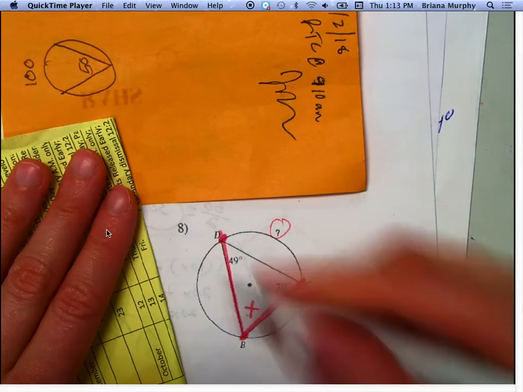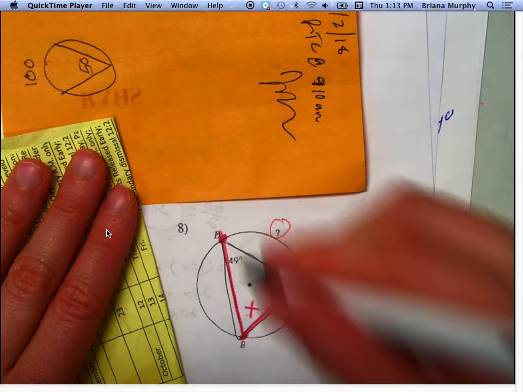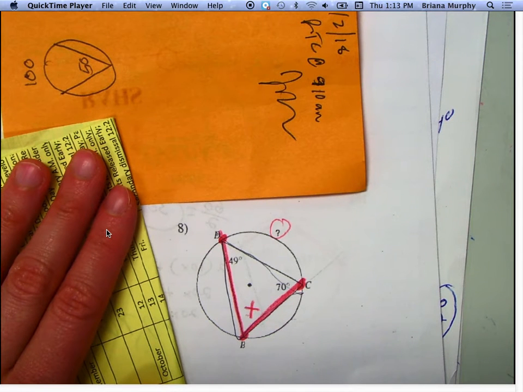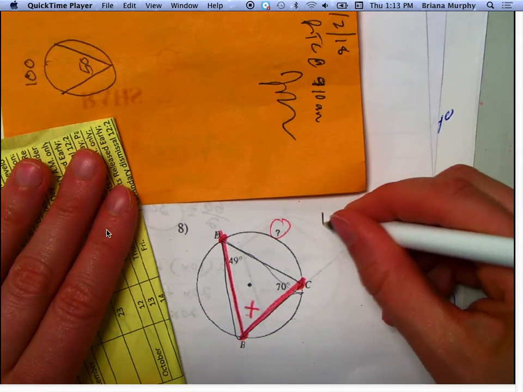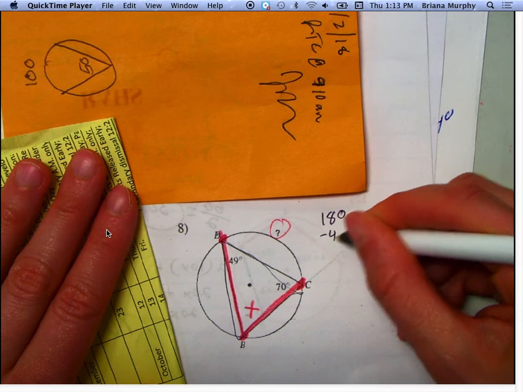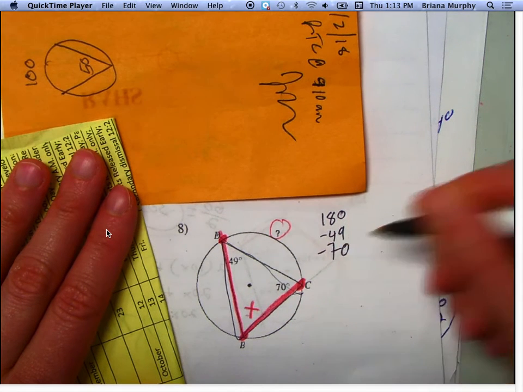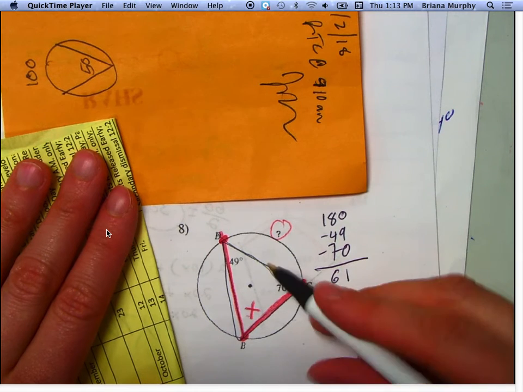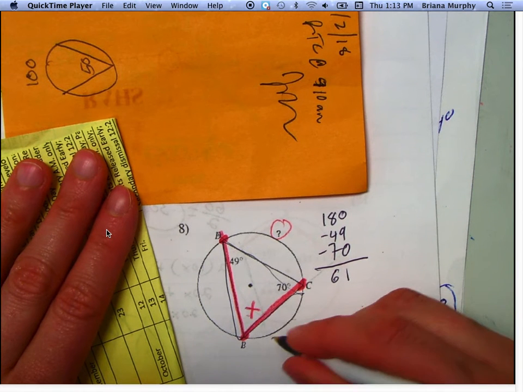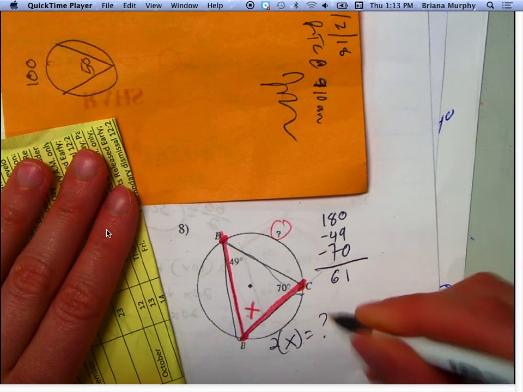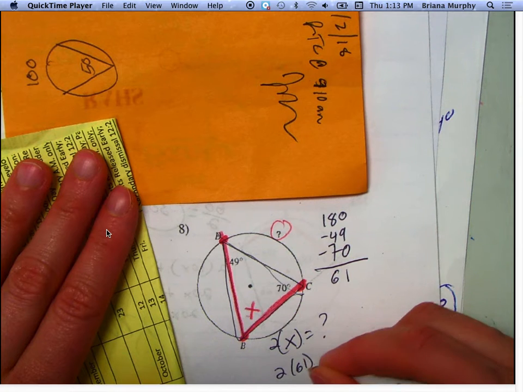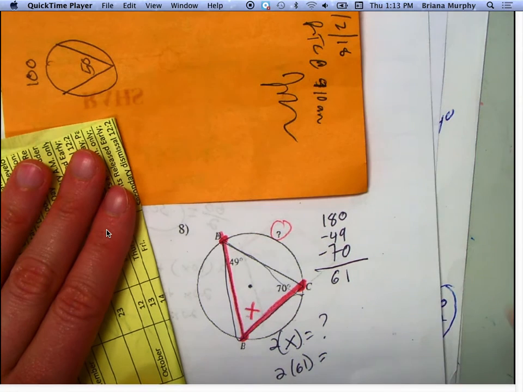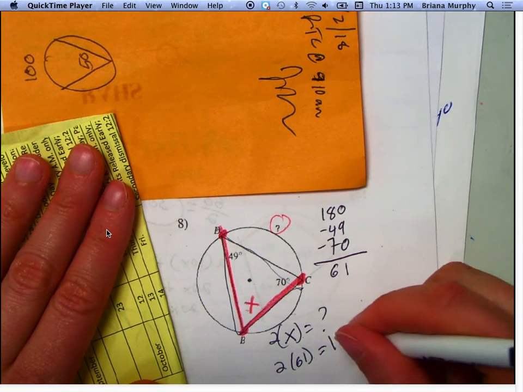So this is a triangle, and the interior angles of a triangle add up to be what? 180. So 180 minus 49 minus 70 is? 61. Okay. Now I'm going to say X times 2 equals the question mark. So 2 times 61 equals 122. That's my arc.